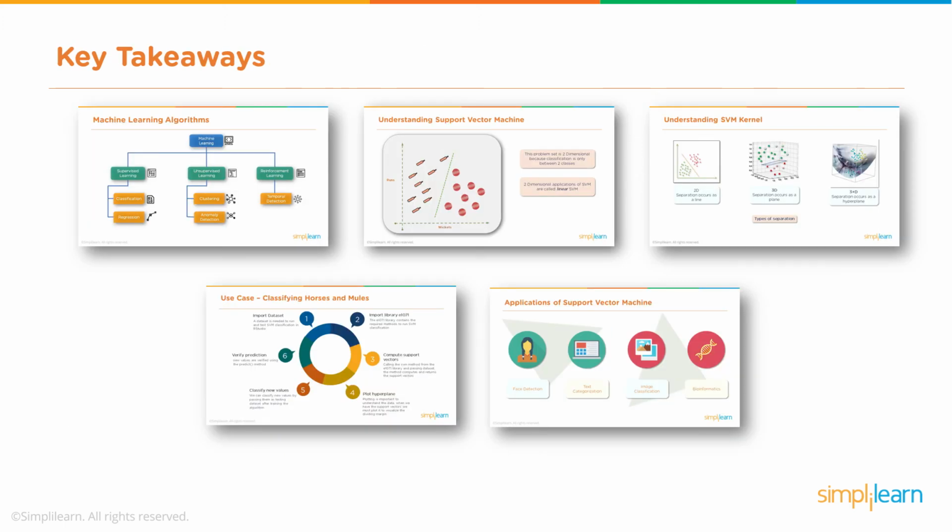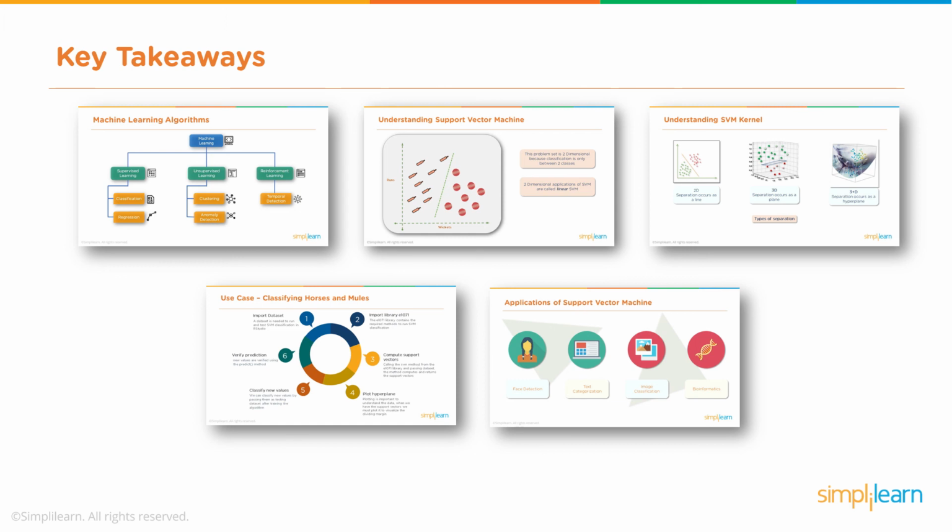So the key takeaways in this video: we learned about what machine learning is and some of the different types of machine learning algorithms, supervised, unsupervised, and reinforcement learning. We focused primarily on supervised learning and support vector machines, understanding support vector machines as a binary classifier and the intuition behind the problem and the solution: take the 2 closest points in the 2 classes that maximize the margin, or the distance, between them.